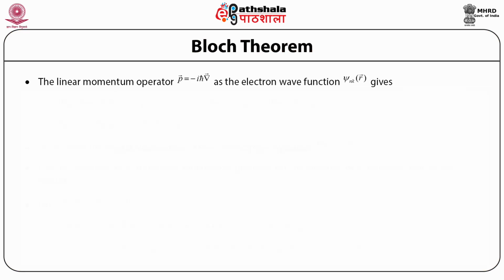Let's now consider the linear momentum operator. The linear momentum operator p in quantum mechanics is minus i h-bar del.